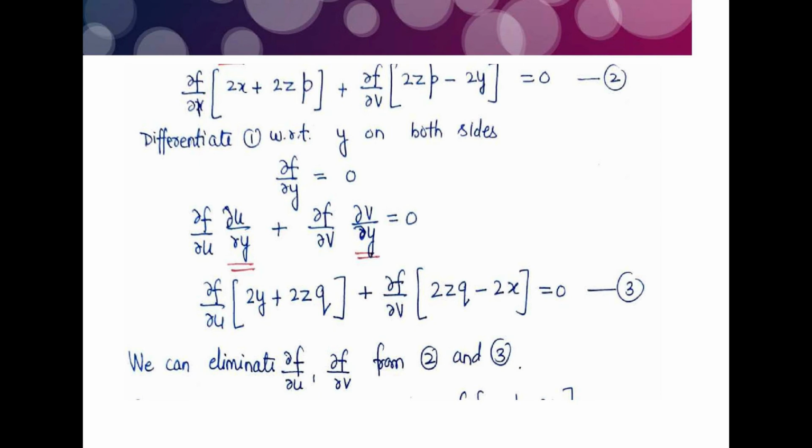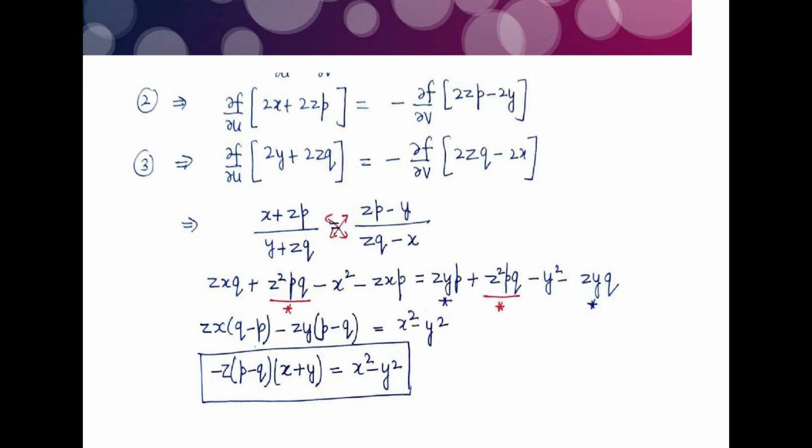Now see equation number 2 and 3 carefully. We have two unknowns here, partial derivative of f with respect to u and partial derivative of f with respect to v, and we have to eliminate these two. We can rewrite equation number 2 and equation number 3. Just shift the terms with partial derivative of f with respect to v on the right hand side.